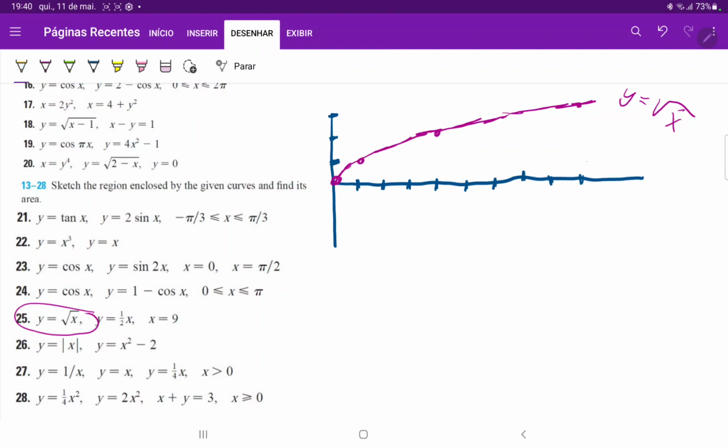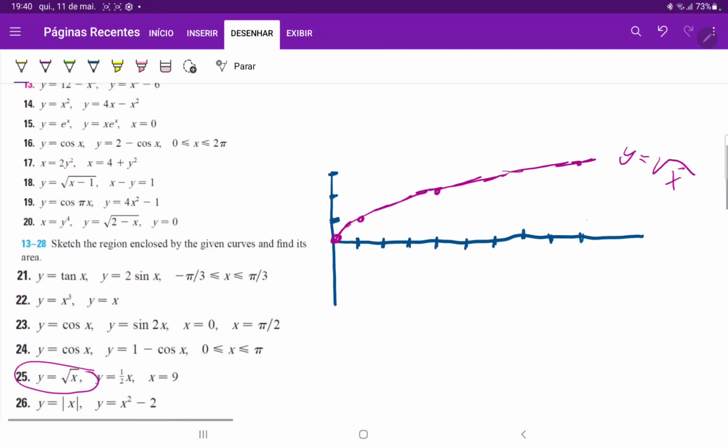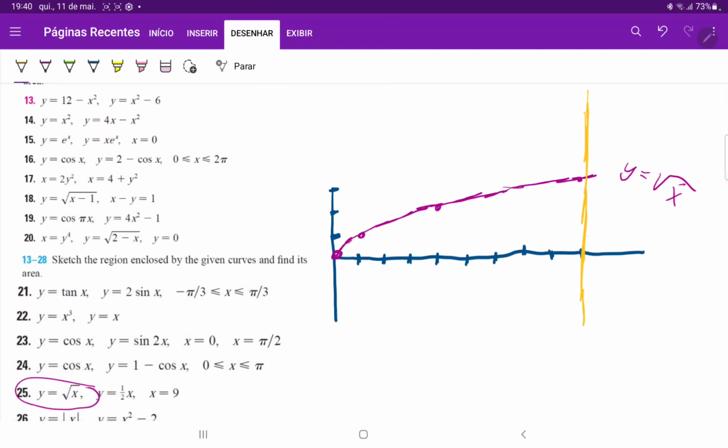Now we have to draw our second line, which is the line x is equal to 9. So it's a line that goes over here. Let me just move this up. Yeah, this is x is equal to 9. And now lastly, we do have to draw our y is equal to half times x. So this is just a straight line that passes through the origin.